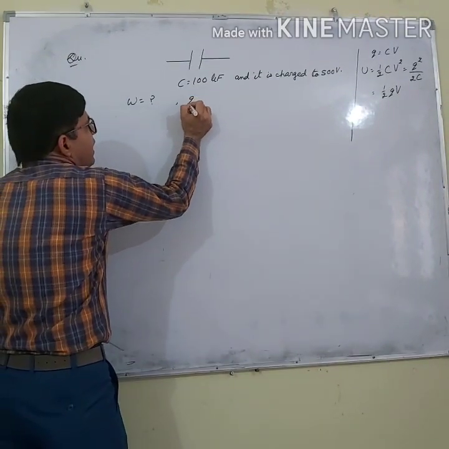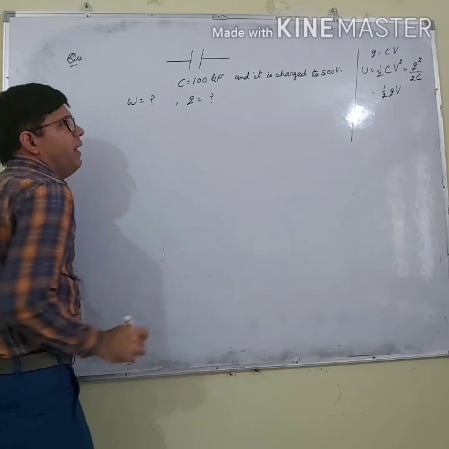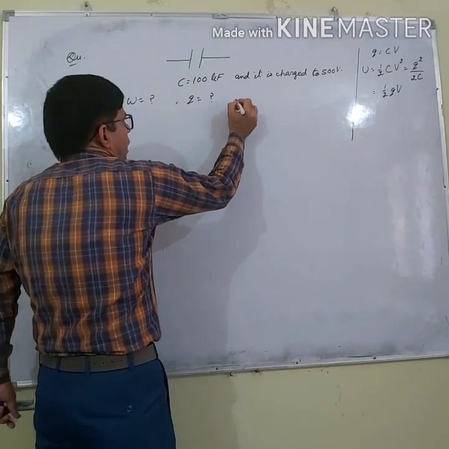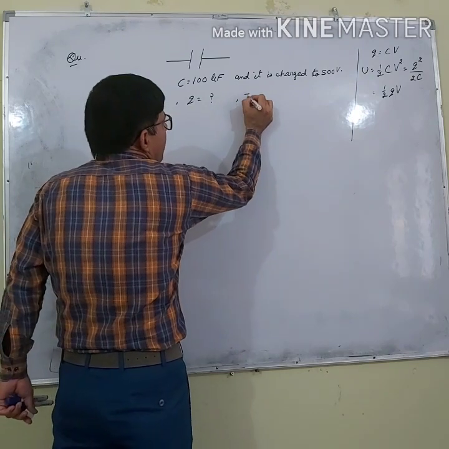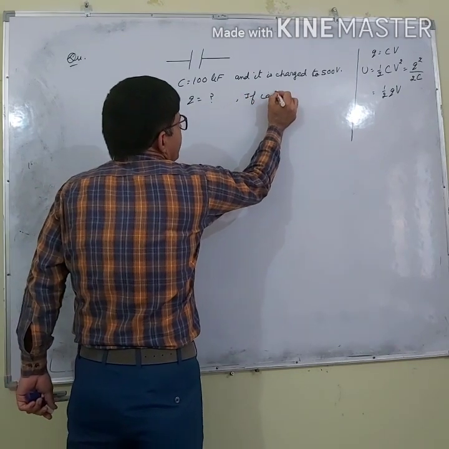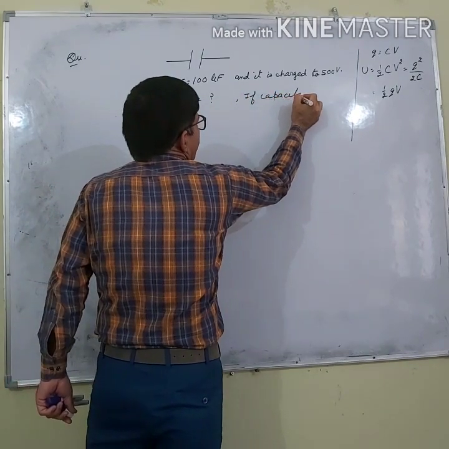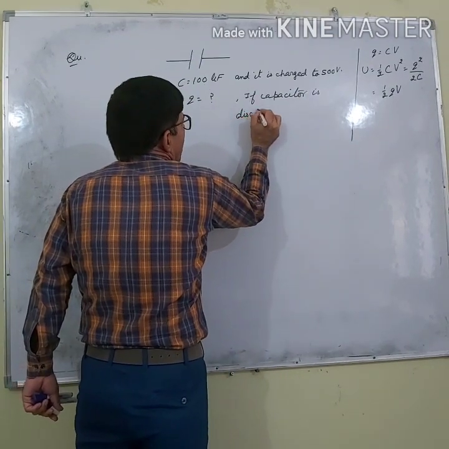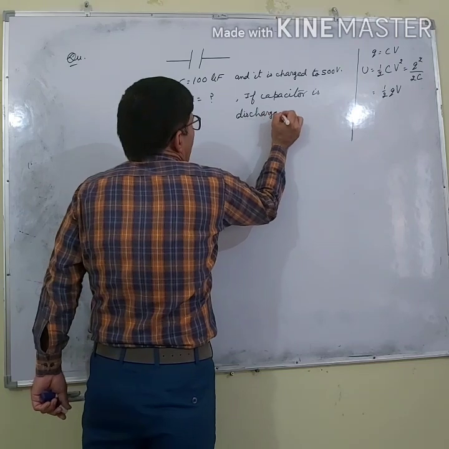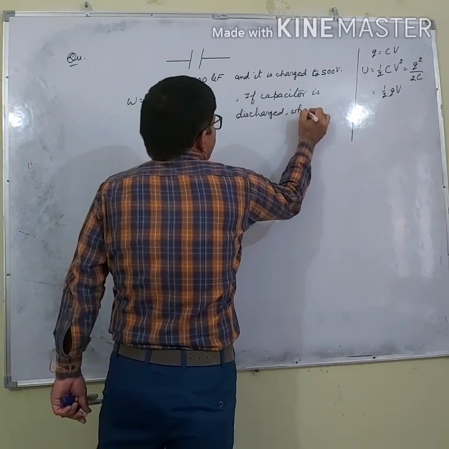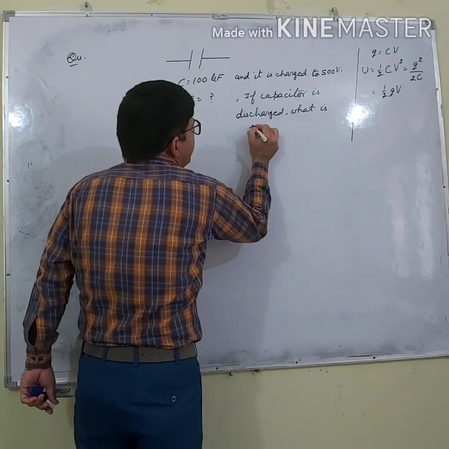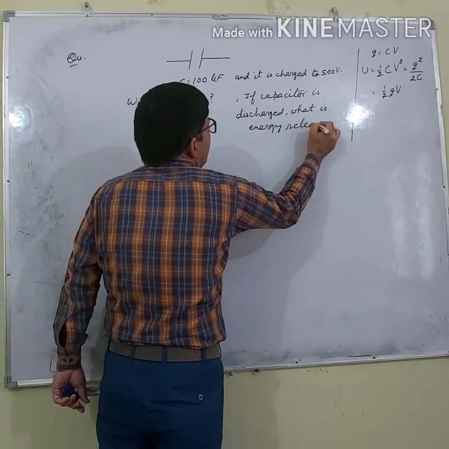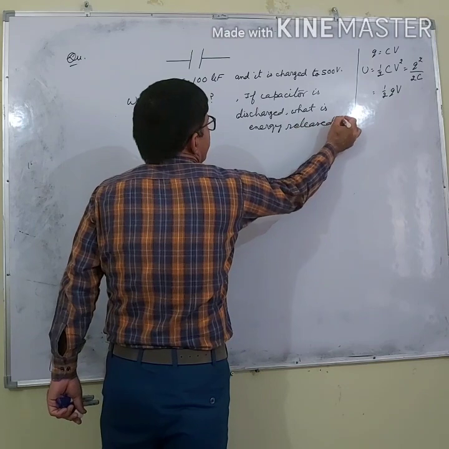What is the charge on each plate of the capacitor? And if the capacitor is discharged, how much is the energy released?